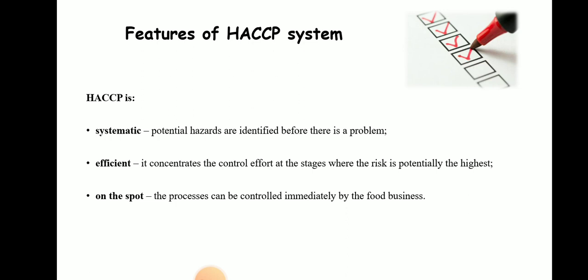It is on the spot because the processes can be controlled immediately by the food business, which means that while manufacturing, if it is found that a control has to be applied to prevent a particular hazard, it can be immediately changed and altered. So the control can be immediately applied to prevent the hazard.